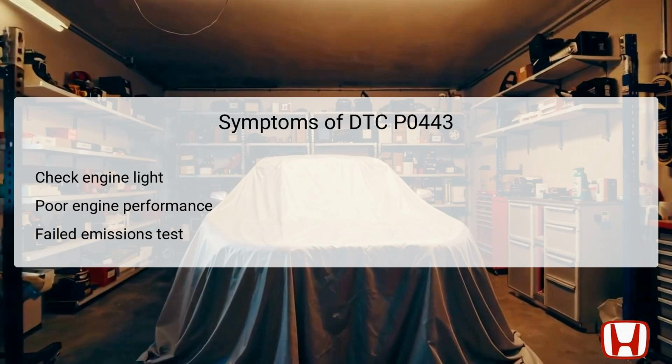Another significant consequence of this malfunction is the potential failure of emissions testing, as the EVAP system is critical for minimizing harmful emissions. Recognizing and addressing these symptoms promptly is crucial to maintaining the vehicle's performance and compliance with environmental regulations. Being aware of these signs can lead to timely interventions to avoid further complications.